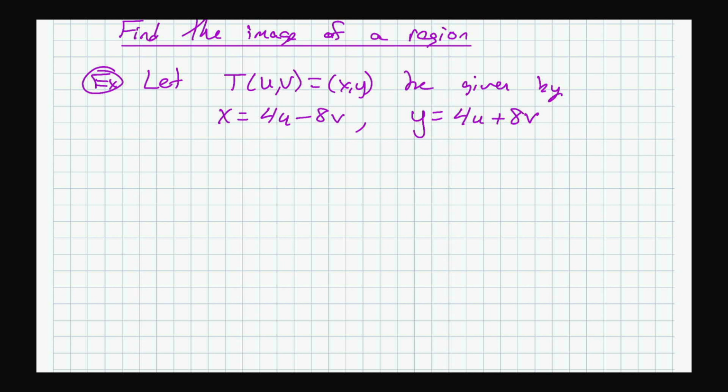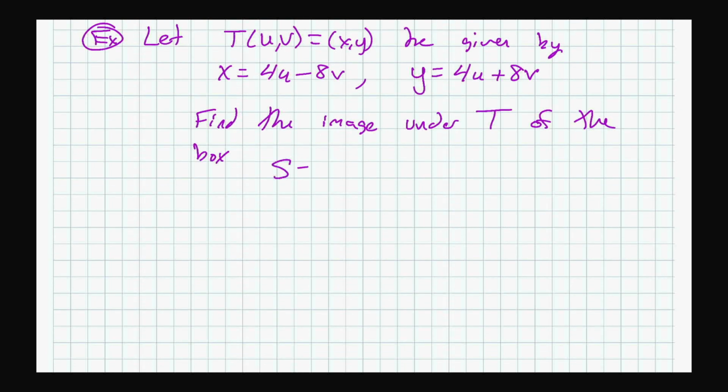And what we want to do is find the image under T of the box S. So we're plugging in U's and V's, so it's not X and Y here.